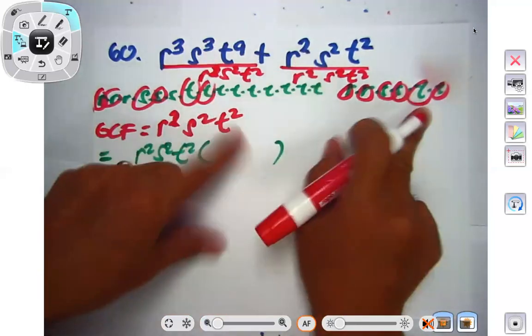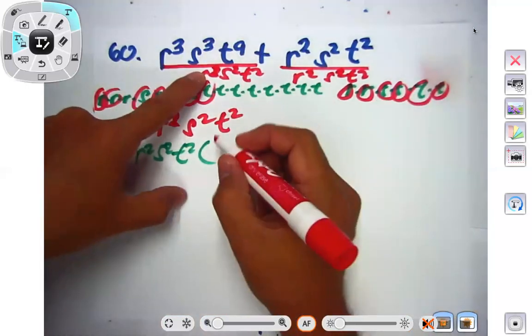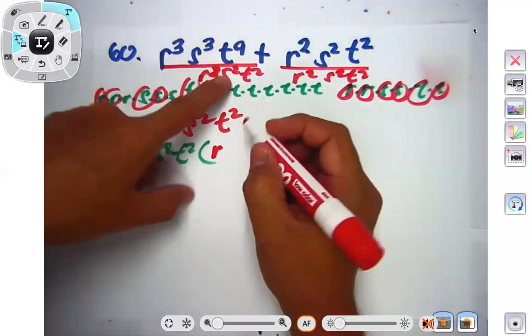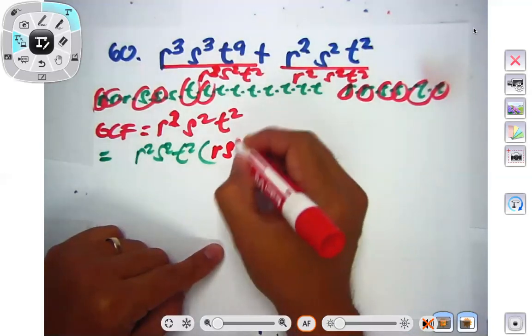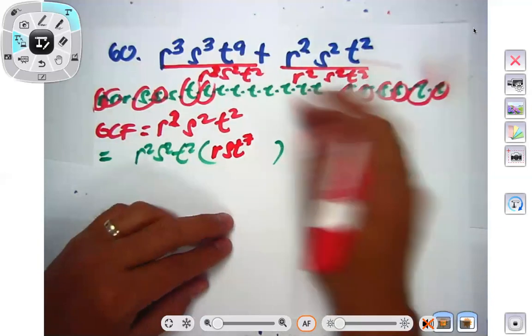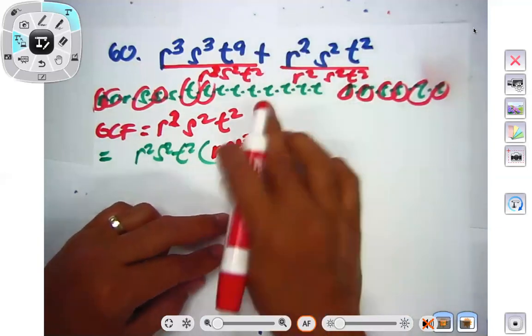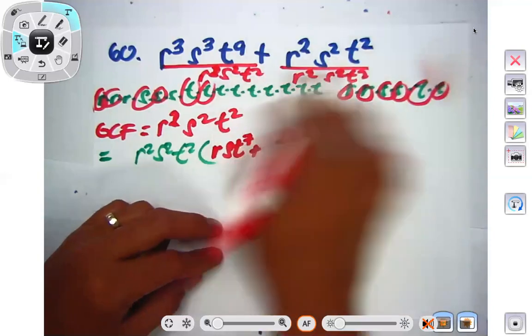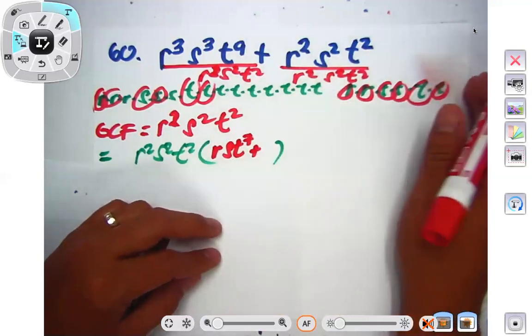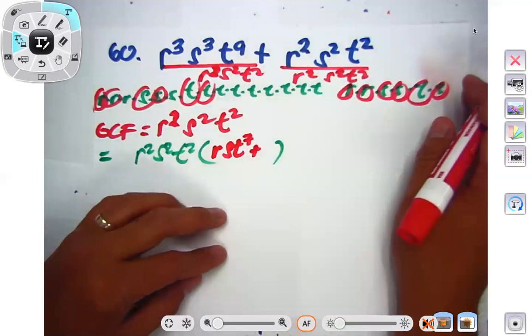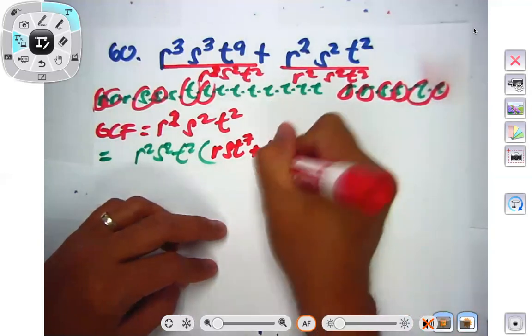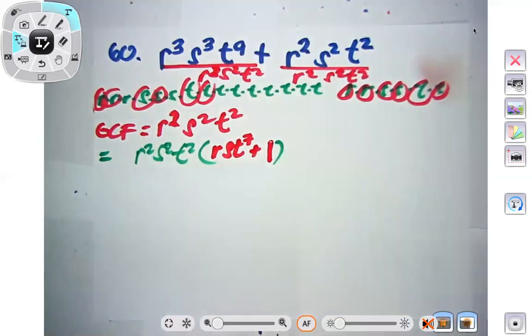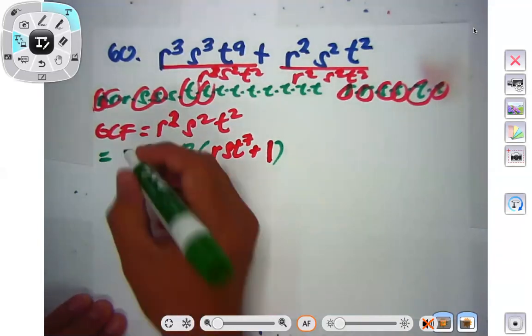It's the quotient. r cubed divided by r squared, s cubed divided by s squared, t to the 9th divided by t squared, 9 minus 2 is 7. All right, this is plus, positive. r squared s squared t squared divided by r squared s squared t squared: nothing, 0 or 1? 1. All right, so we have r squared s squared t squared times (r s t raised to 7 plus 1). So we are done.